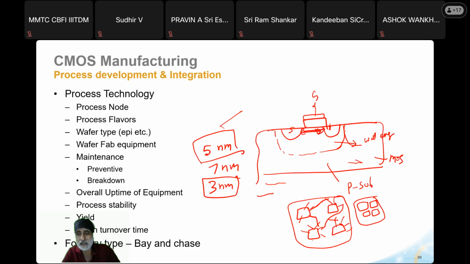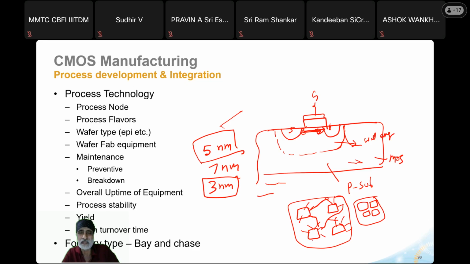But below 20 nanometer, it's not the channel length. Channel lengths are more, there may be around 14, 15 nanometer. So there is no dimension which is actually 5 nanometer in size. All the dimensions are more than 13, 14 nanometer, between 14 and 20 nanometer. It's just a name which is given.